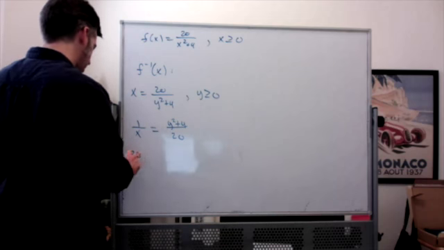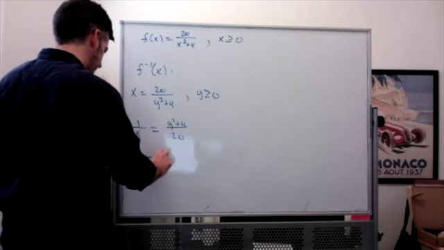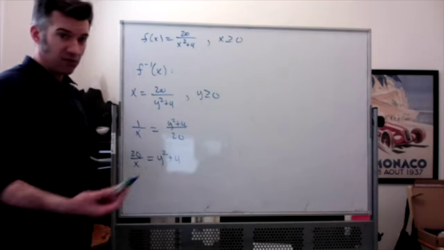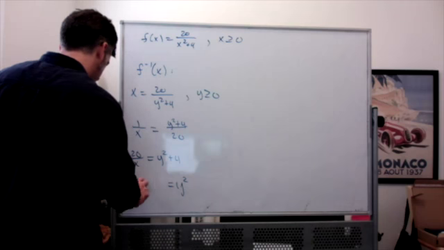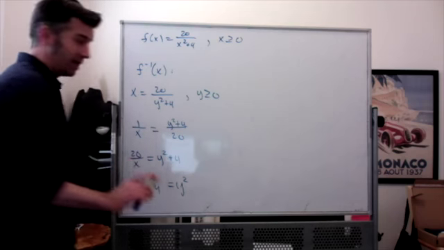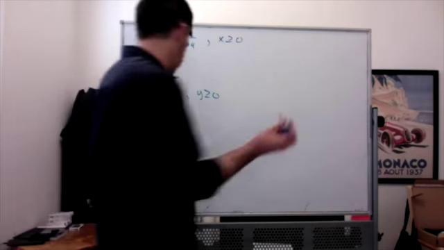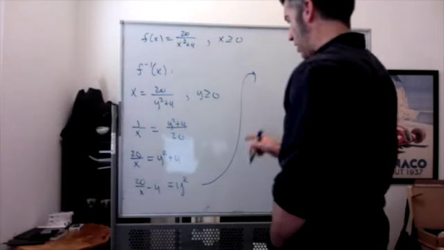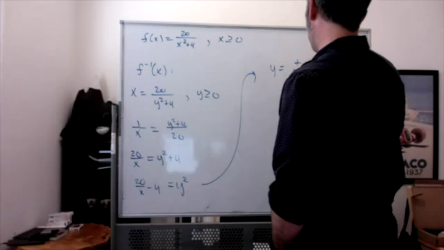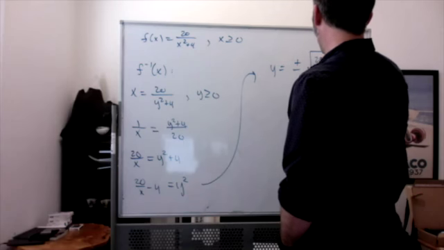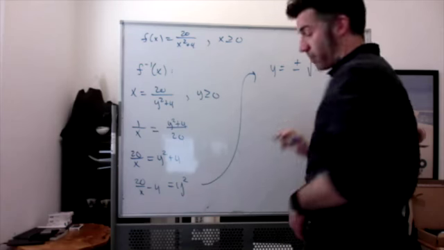So 20 over x equals y squared plus 4. Subtract 4. y squared equals 20 over x minus 4. Now we're going to take the square root of both sides. So I'm going to write it y first. So y is going to equal plus or minus the square root of 20 over x minus 4.